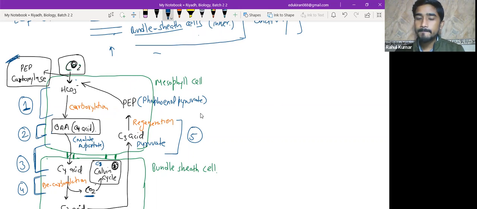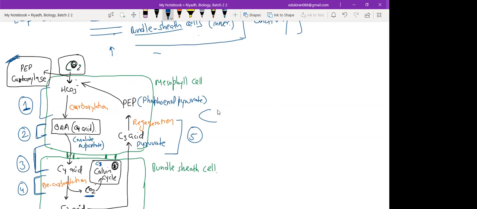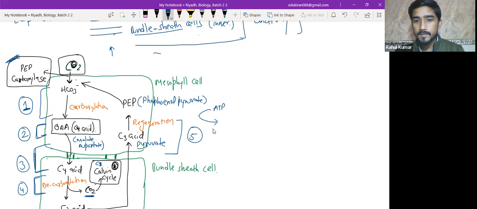Say yes or no. Yes, sir. So here an ATP is utilized at this step. And when it goes in the Calvin cycle, there is the same utilization which we have studied above. But apart from that, an ATP is utilized for this regeneration part.